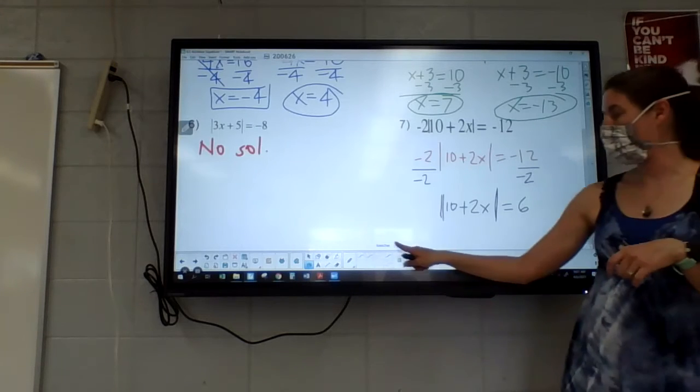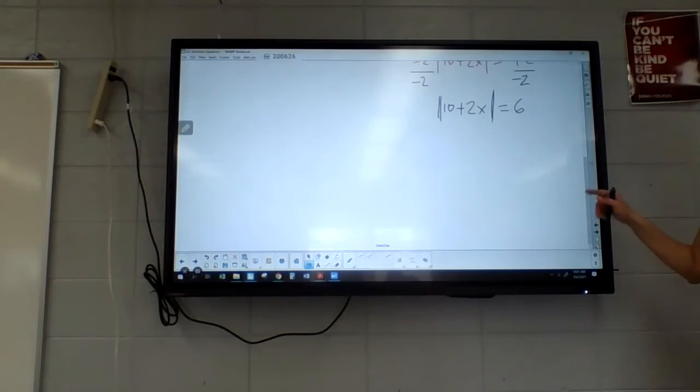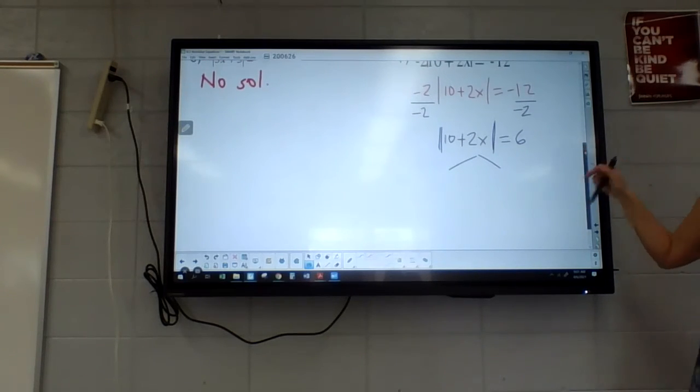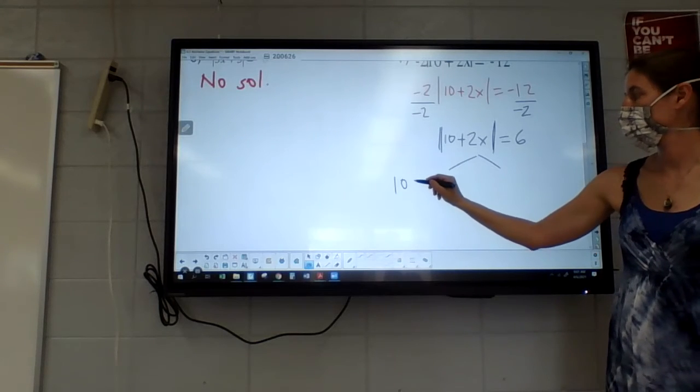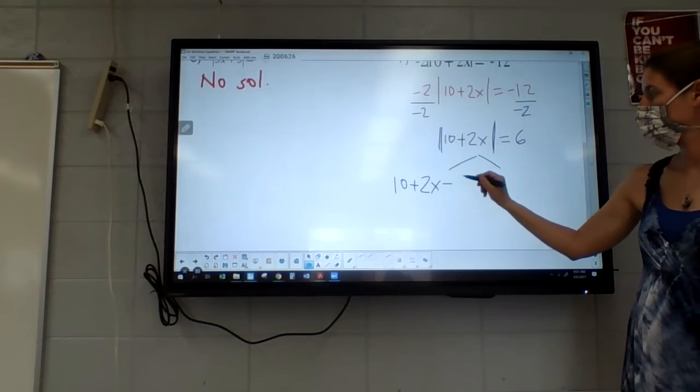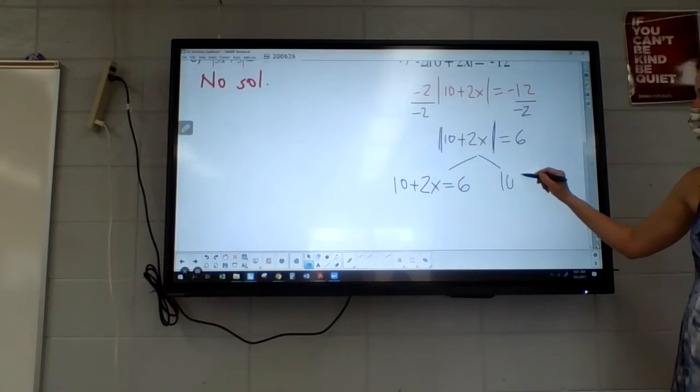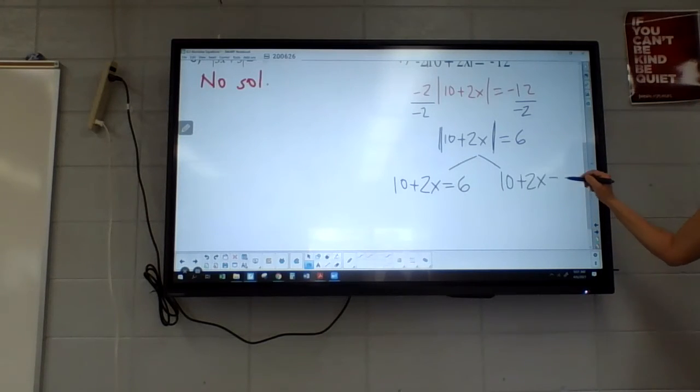So this is where now I can set up my two equations, because now it equals a positive. So we have both a positive 6 and a negative 6.